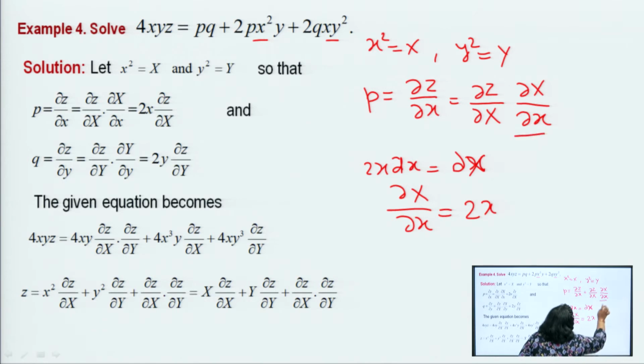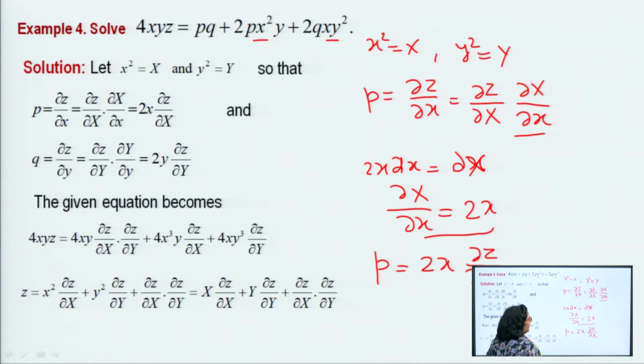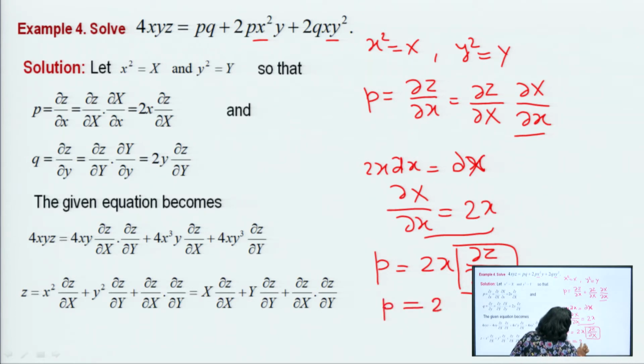We can write this value here. We get p is equal to 2x del z upon del capital X, and we assume that del z upon del capital X is capital P. That means small p is equal to 2x capital P.